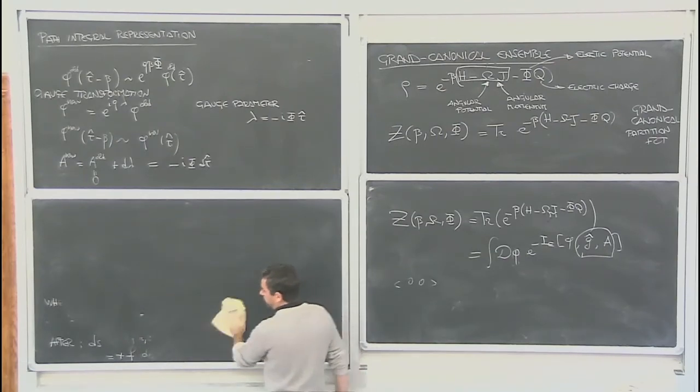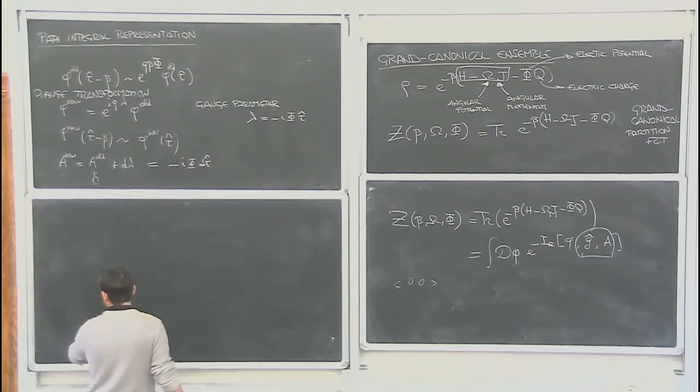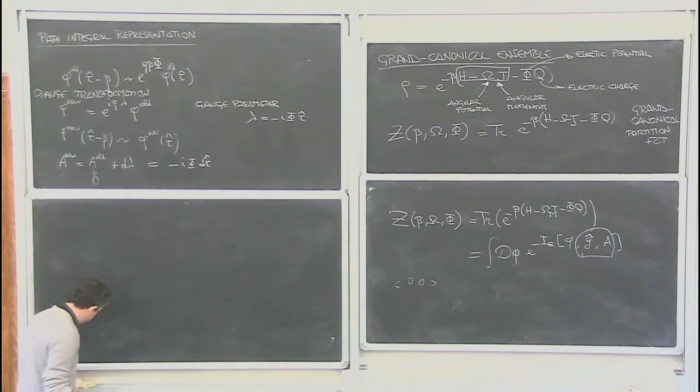So instead, I repeat, instead of considering flat space, I consider the Schwarzschild background.